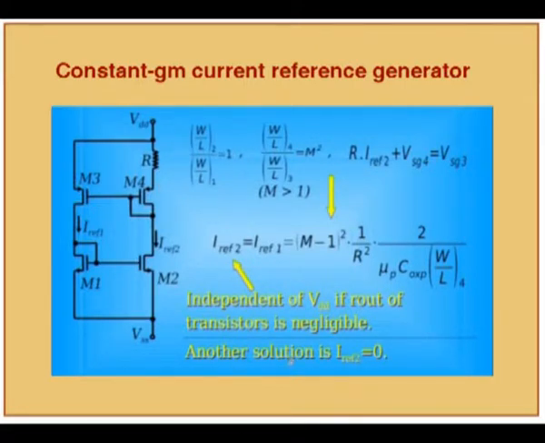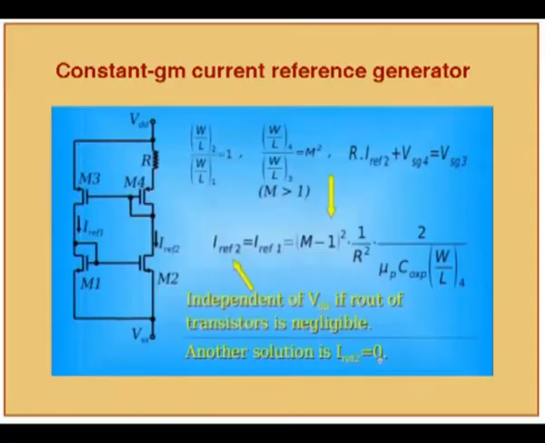But one more solution exists, which is IREF equal to 0, because this circuit can get stuck in the off region, meaning all transistors can be in the off region. Suppose all VGS values are 0 and all currents are 0. So it is very important to avoid this circuit getting stuck at that low bias current or zero bias current.